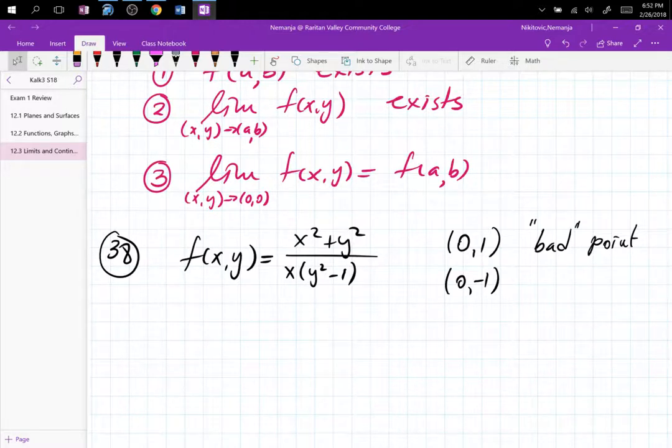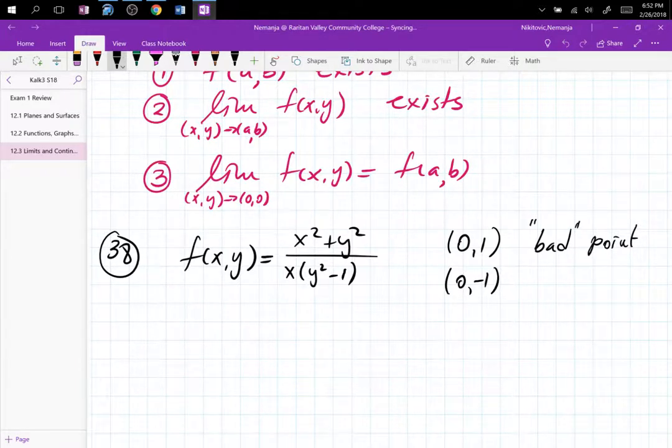So we can test, right? If you pick this point and you plug this point in, the function value does not exist. So immediately this is not continuous because rule number 1 failed. And you keep picking points like that.